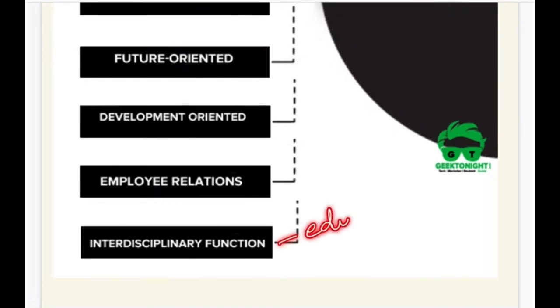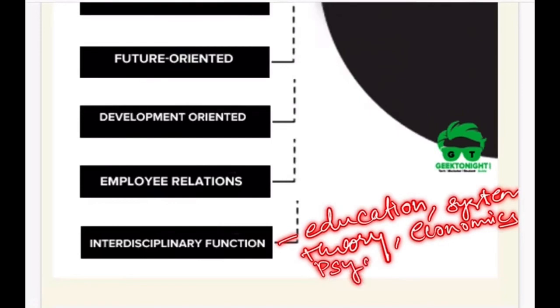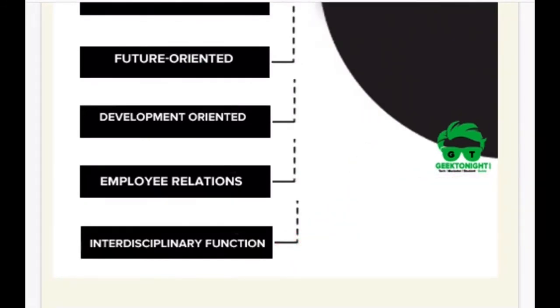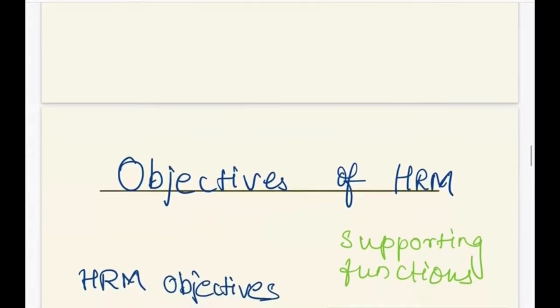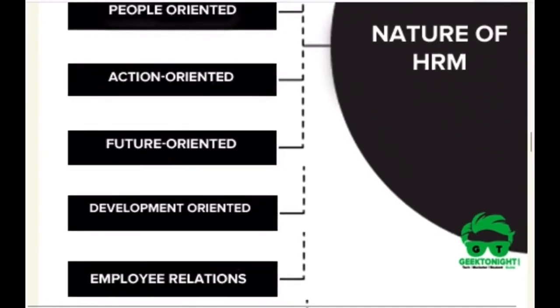Majorly, if you see, education plays an important role, systems theory, economics, psychology, organizational behavior, all these play their role. Apart from this, politics, leadership, so many things are there. So it is obviously an interdisciplinary thing. So these are a few natures of human resource management.